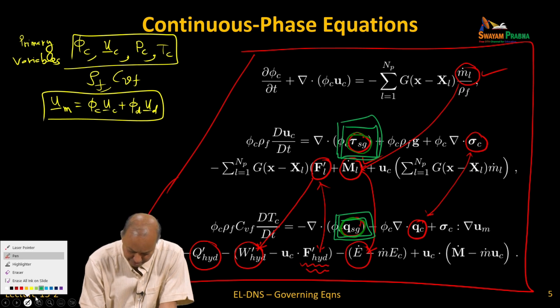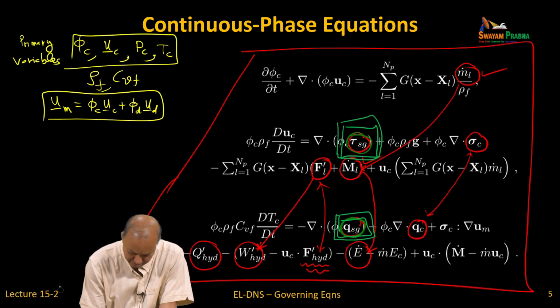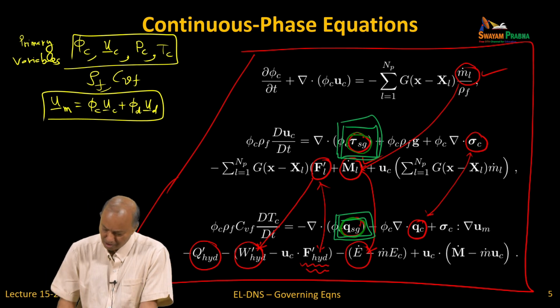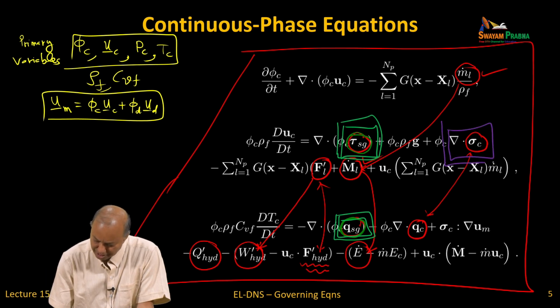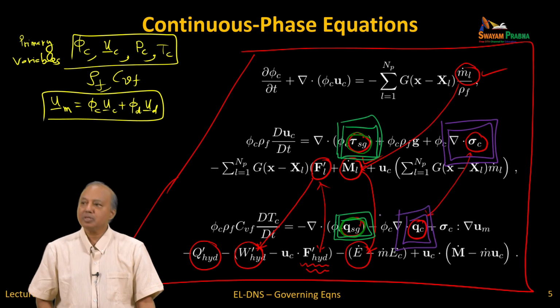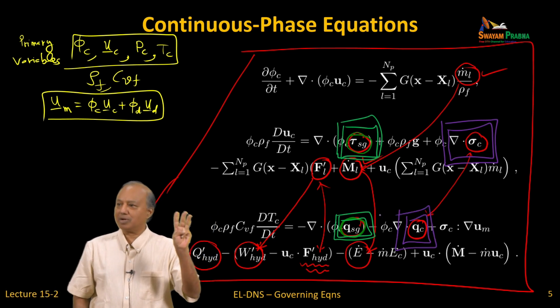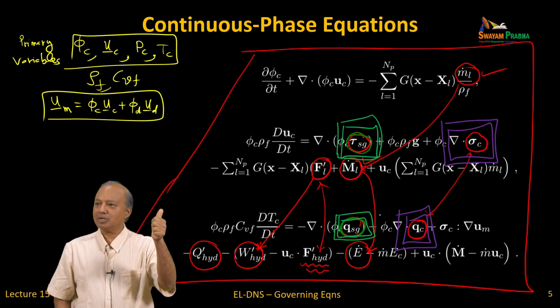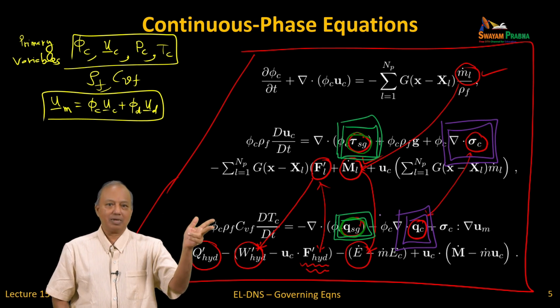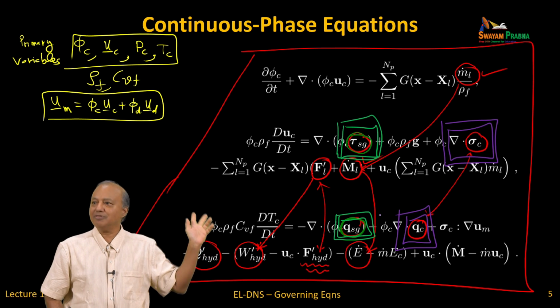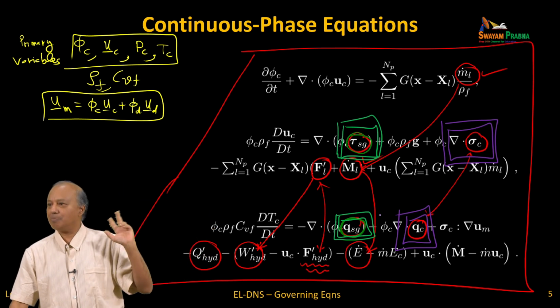And these are the Einstein's viscosity kind of terms. Because I said 3 kinds of models: red model, green model, purple model. Those are the things. Everything else is interface coupling.